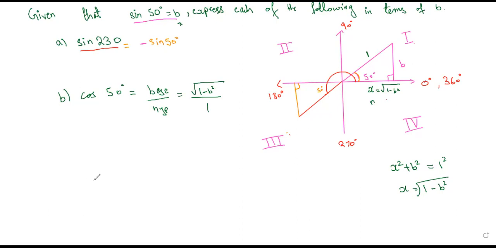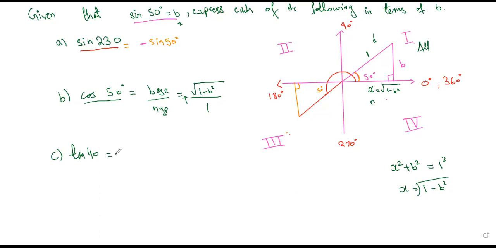Then the second last one is C, that says tan 40. Again, we did not think about the sign because we have cos 50. Cos 50 is in the first quadrant, so it would be positive because all are positive in the first quadrant. What about tan 40? Now tan 40 is easy.